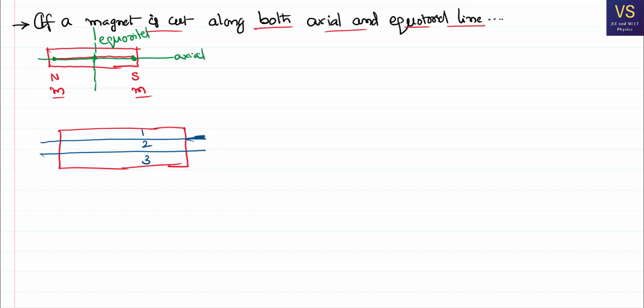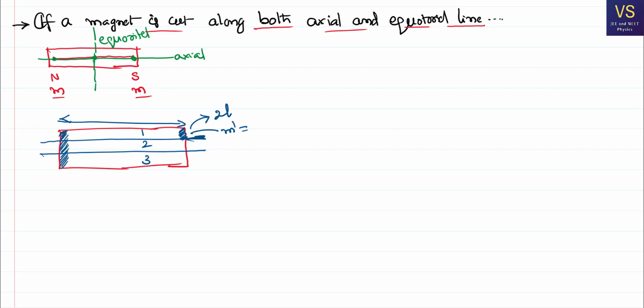What happens when you cut it this way? What happens to the length? Each piece will have the same length of 2L. What happens to pole strength? M dash, this is each pole now, when compared with the pole of the first case.